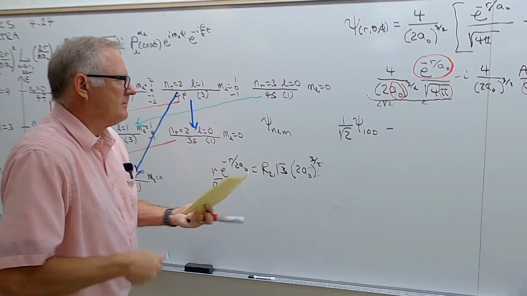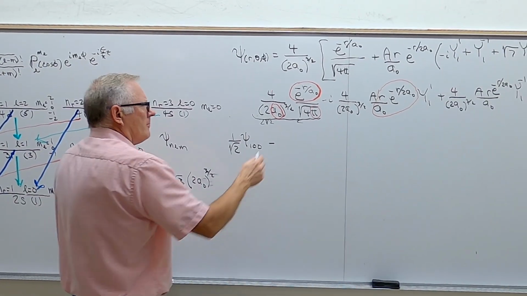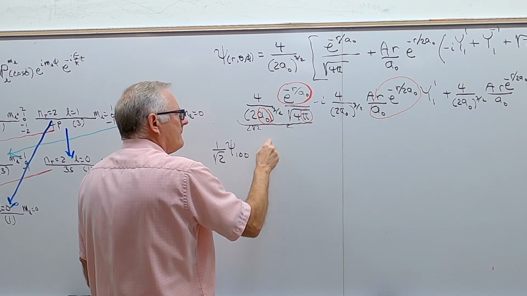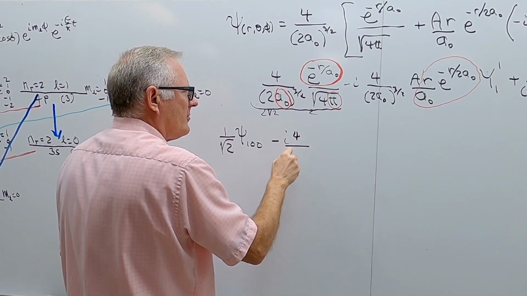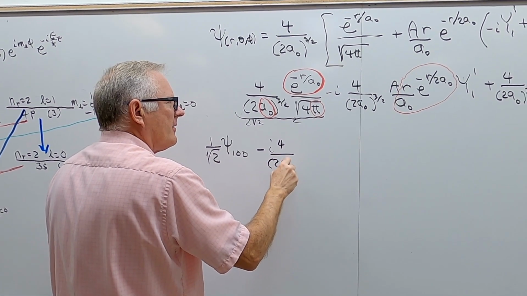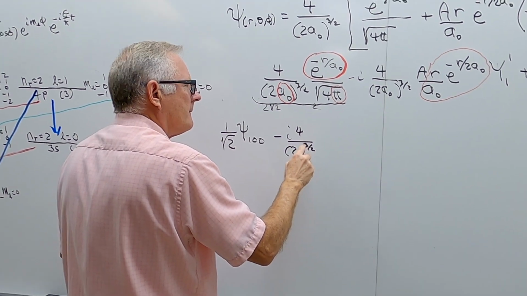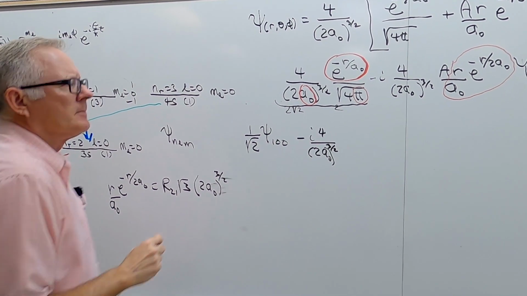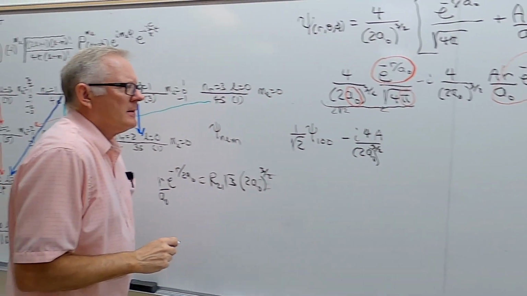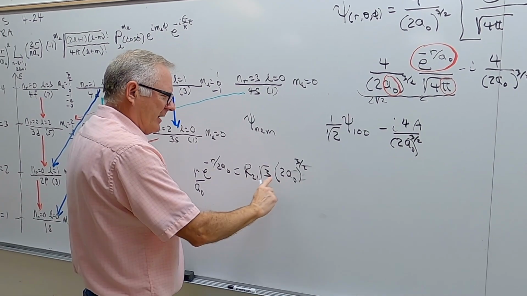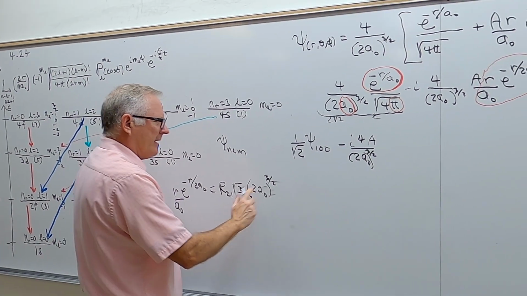So that becomes minus i 4 all over 2a naught to the 3 halves times my big A times all of this. Well, we'll put the square root of 3 in.